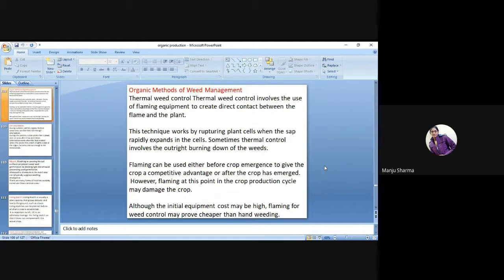Organic methods of weed management. So first is thermal weed control, which involves the use of flaming equipment to create direct contact between the flame and the plant.